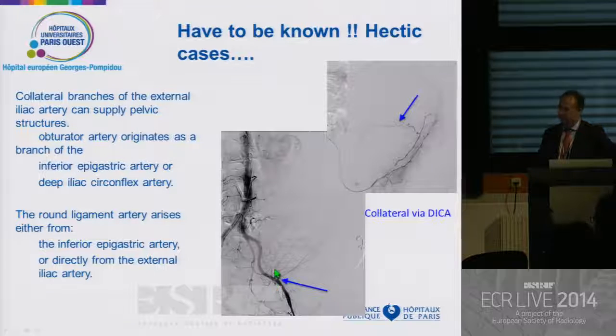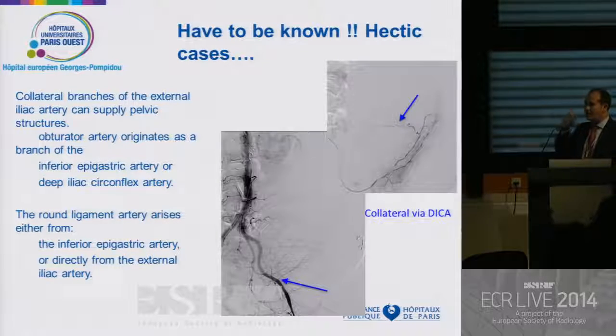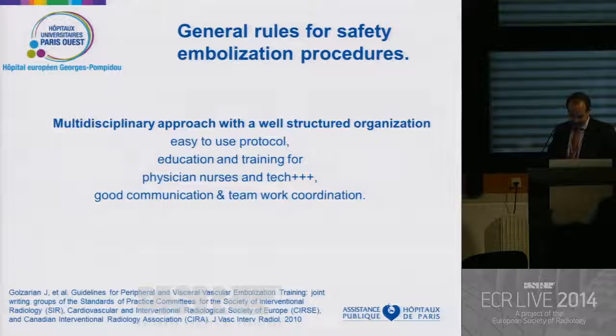Those two arteries delimit the border between the iliac and the femoral. They could have connections with the pelvis and the uterus, like this very small artery feeding something that could look like a recurrence of a cervix cancer. So keep in mind that the arteries could be numerous.